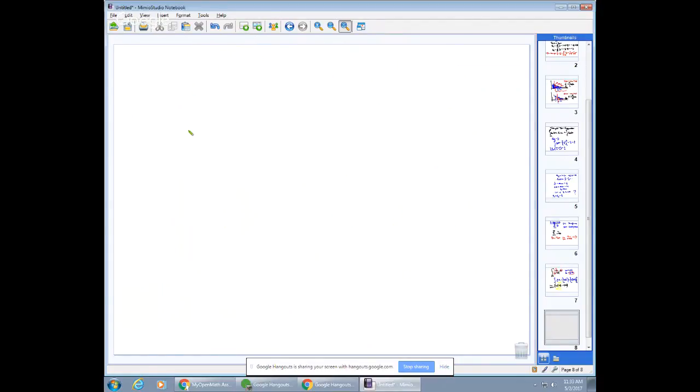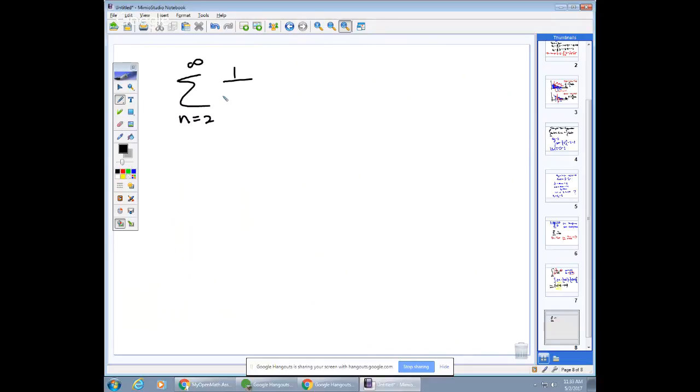So what if instead we took the sum as n goes from 2 to infinity of 1 over n times the natural log of n, but we square that natural log. Let's multiply another natural log into the denominator and see if that's enough of a push.